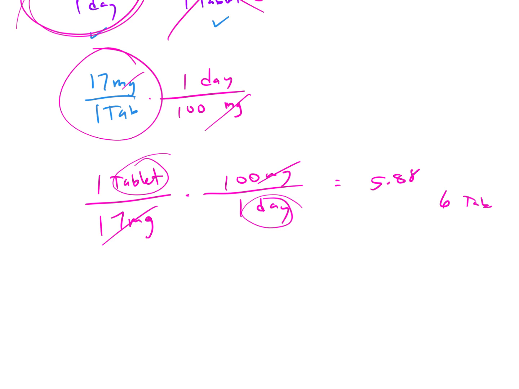What's wrong with that? What's wrong with giving him 6 tablets per day? Overdose. So, ladies and gentlemen, significant figures are important, but more important than that is using your thinker. Read the question.